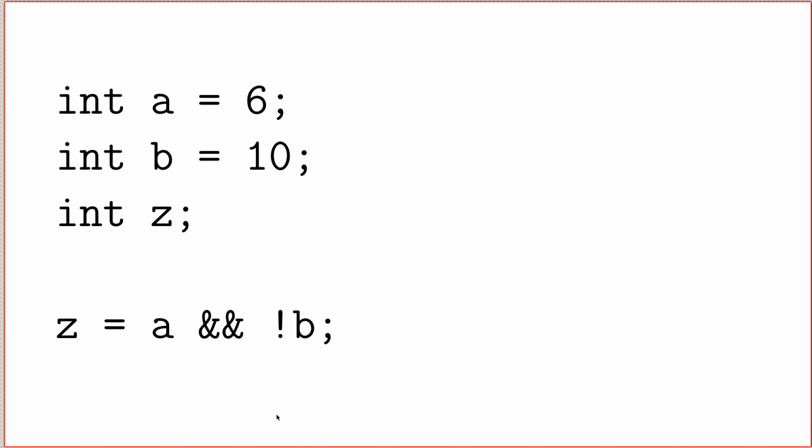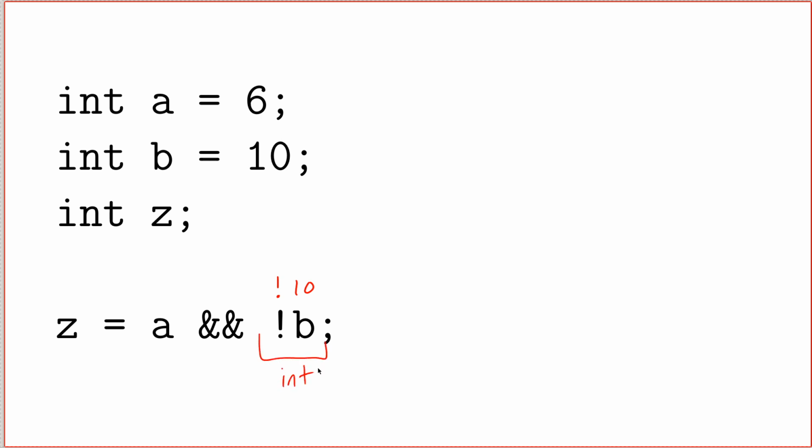And here's a strange one. I'm applying the not operator to a value that is not 0 or 1. It's 10. And I should also illustrate, just to be clear, that we would do the not operation first before we can evaluate the and. Okay, so what is not b? What I want is not 10. We know that it's going to be an int because the not operator always gives me an int.